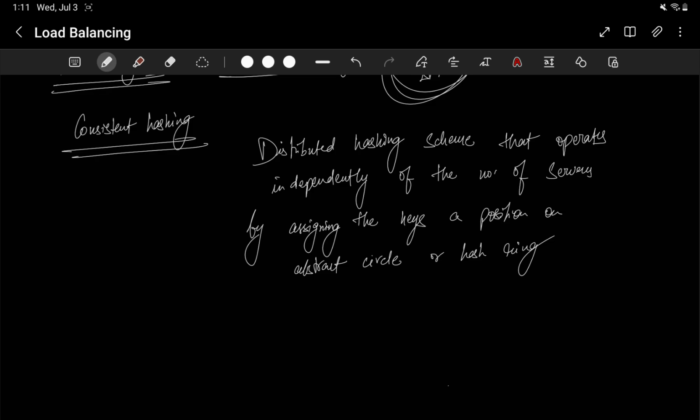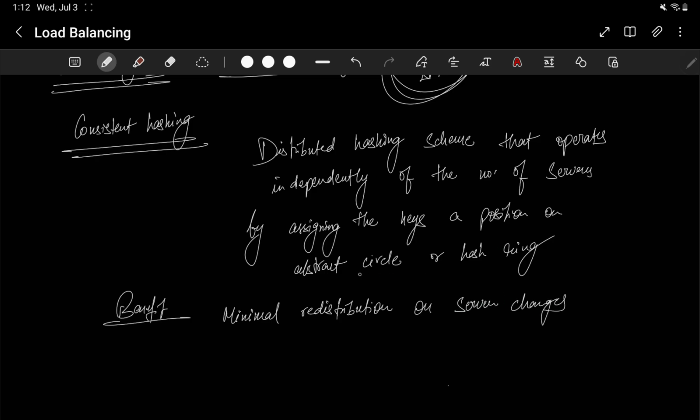The benefit is minimal redistribution on server changes. Even if servers change, as I told you, if instead of 5 we have 4 or 6, the redistribution will be very minimal.